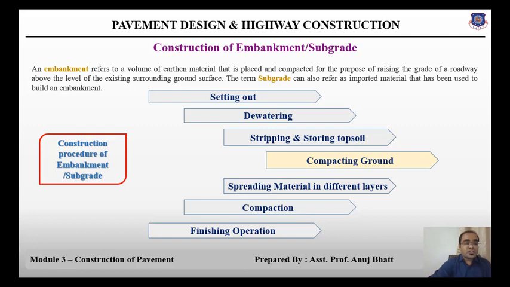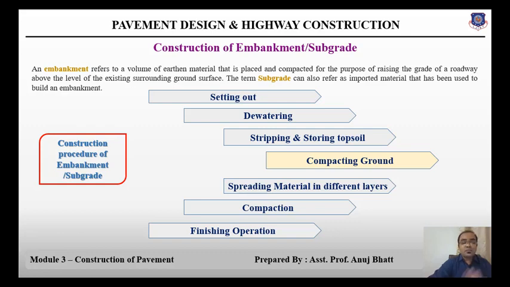For construction adjacent to the existing embankment, a continuous horizontal benching of 300 millimeter width, or as per the drawing, shall be provided in the existing embankment.